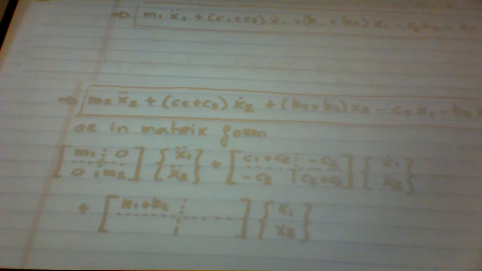So here you're going to have minus K2, and then minus K2 in the next cell, and K2 plus K3 in the last one.